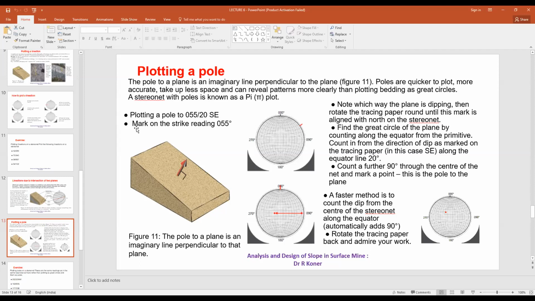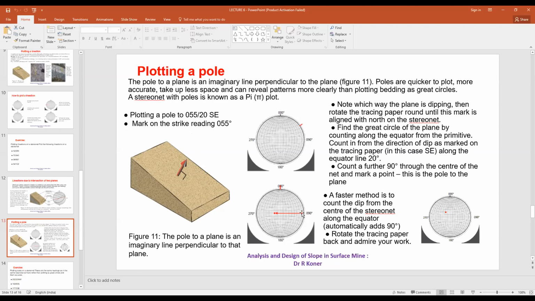Suppose we are plotting the pole of 055, 20 southeast. This is the reading. What will we do? We will first mark 055, that is the strike. Then we will rotate the point back to true north. Then along the equator we will mark 20 degrees.